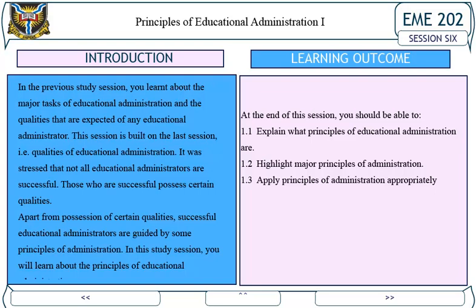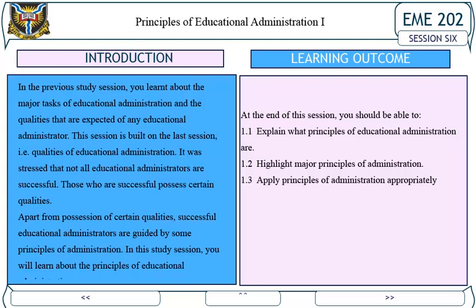It was stressed that not all educational administrators are successful. Those who are successful possess certain qualities. Apart from possession of certain qualities, successful educational administrators are guided by some principles of administration. In this study session, you will learn about the principles of educational administration.